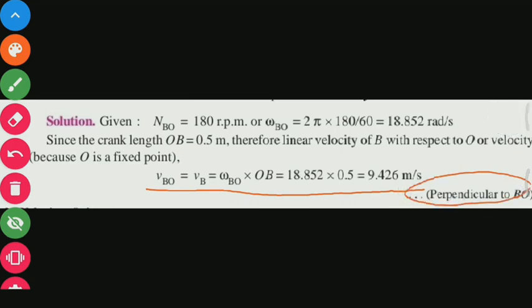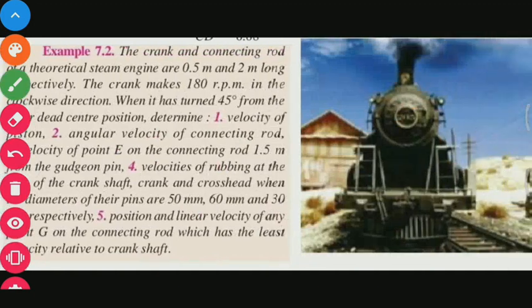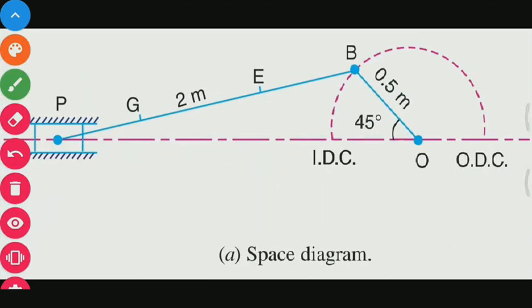Now with the scale we can draw the space diagram as per the given dimensions. Here OB is the crank, PB is the connecting rod.